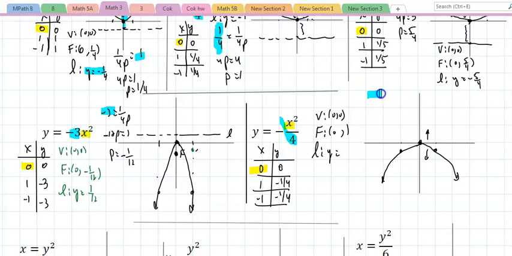So if I take 1/4p and set that equal to 1/4, cross multiply, 4p equal 4, so p is 1. That means move 1 unit below, there's the focus, move 1 unit above, draw the directrix. Y equal 1, and the focus will be at 0, not positive since it's underneath, -1.